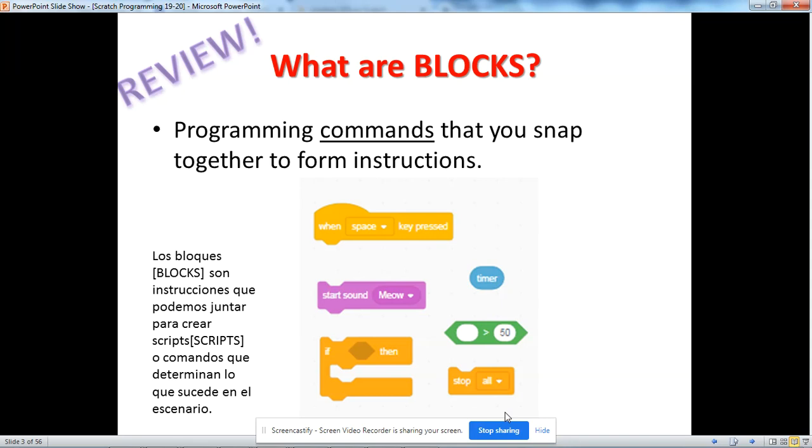So in order to tell them what to do in a way that they understand, we use these blocks that we snap together almost like puzzle pieces to give them strings of instructions for what we want them to do and when. You can see that blocks have all different types of shapes, and today you're going to be learning specifically about this one right here, which is called a hat block, and right beneath it, this one here, which is called a stack block. Okay, but we'll get into that in just a second. But remember, blocks are commands that we snap together to form instructions for our sprites.